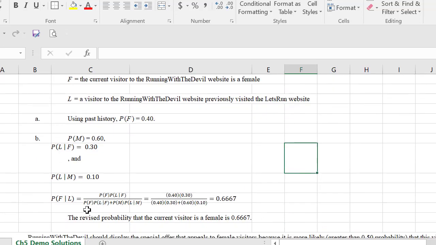And the probability of L given male is 10%. So we were given this L, that is the probability of visiting the Devil website, previously visited the Let's Run website. And we want to know what it is for a female, what it is for a male. So that's what we were given.